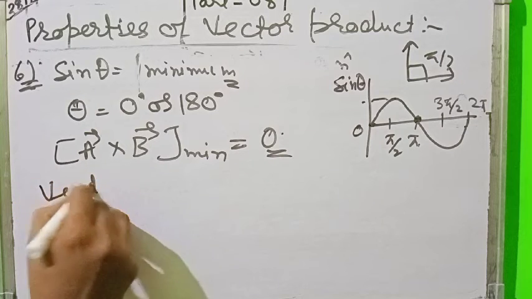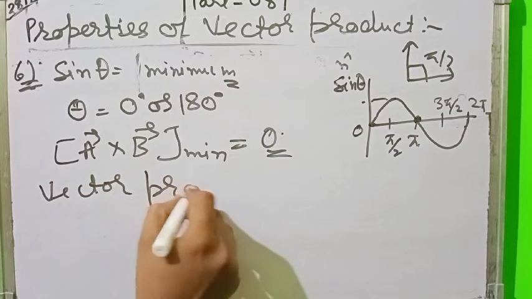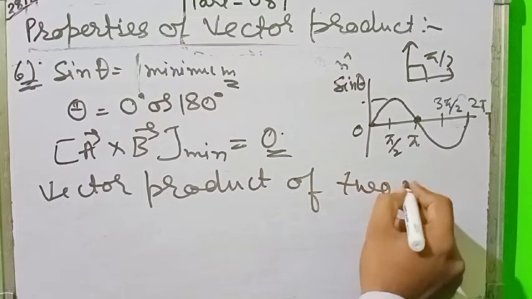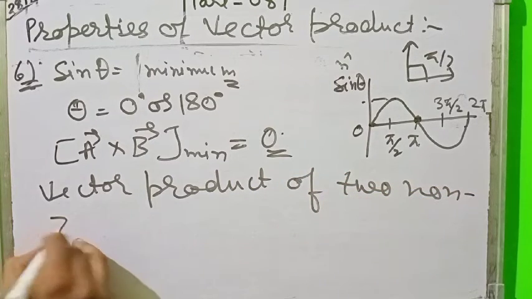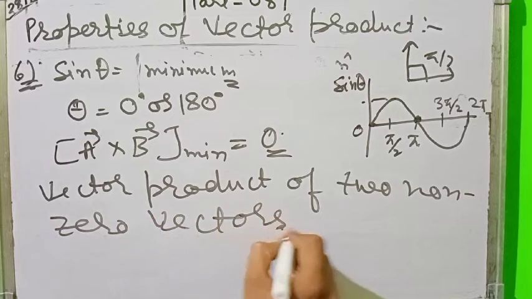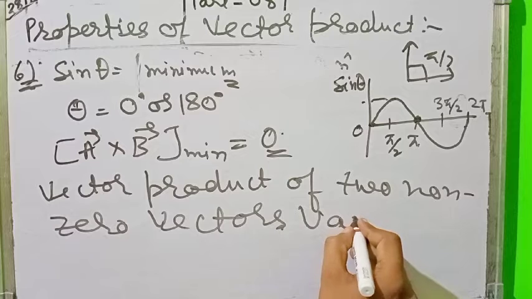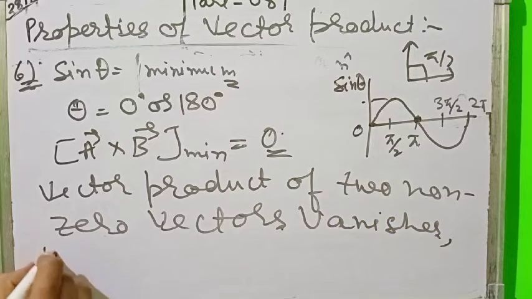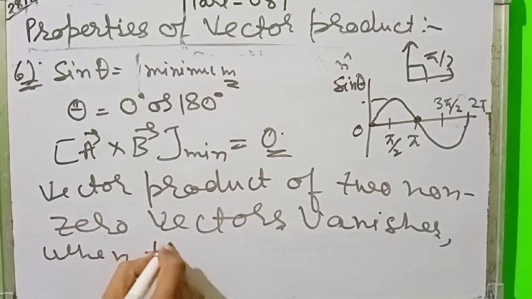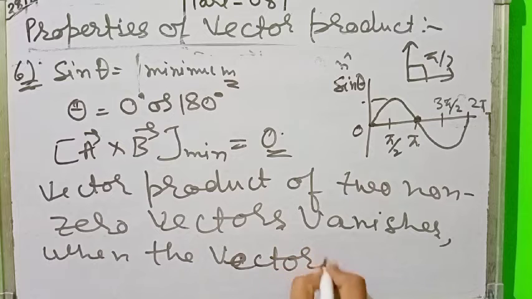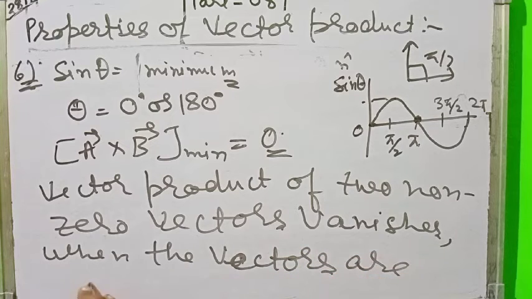The vector product of two non-zero vectors vanishes when the vectors are collinear.